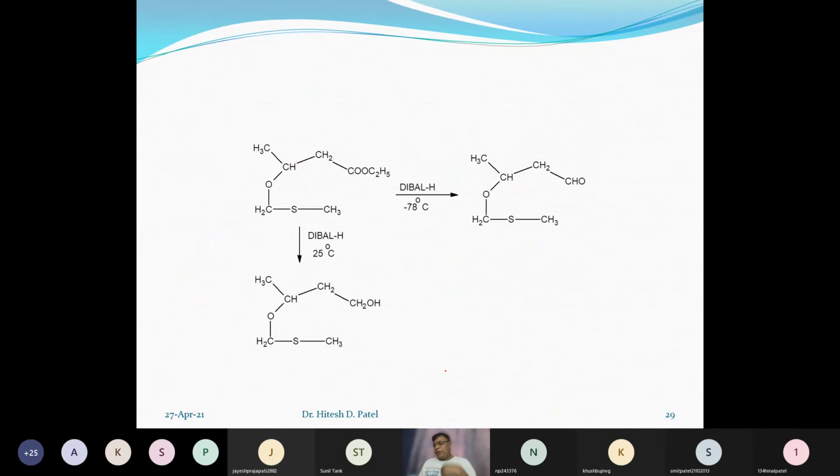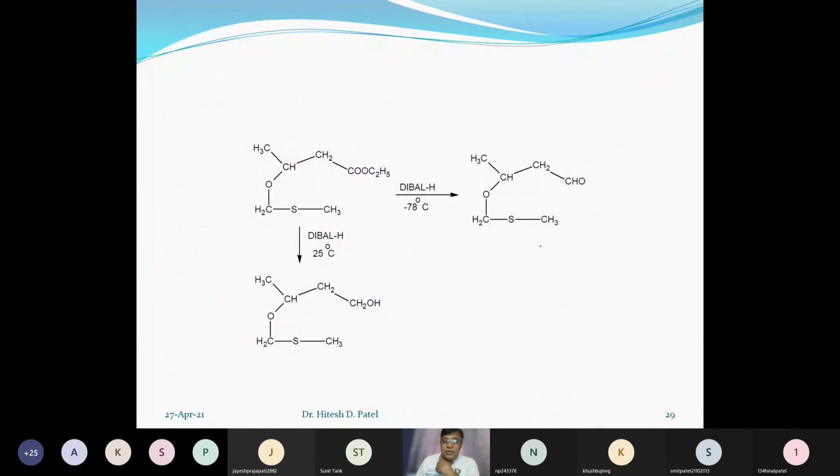Now, whenever we are using DIBAL-H, the most important thing is the temperature. If you maintain the temperature, then only we will get the desired product. If we don't maintain the temperature, then we will not get the desired product. It means if we are having an ester, and we maintain the temperature near about minus 78 degrees, then we will get aldehyde.